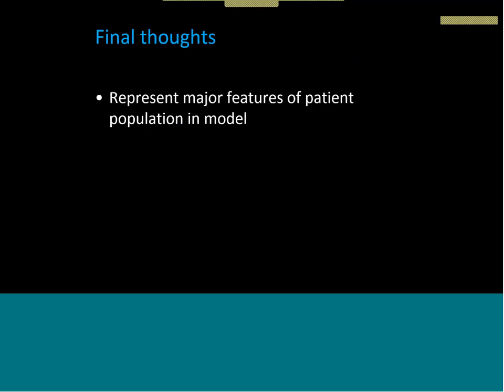It's really important to represent the major features of the patient population in a model. There's been a lot of recent discussion of subject-specific modeling and individualized modeling, and one criticism is often that it's very difficult to measure all of the parameters that one could include in a musculoskeletal model and thereby capture all of the features of an individual patient or subject.